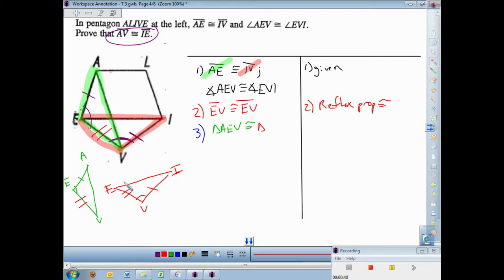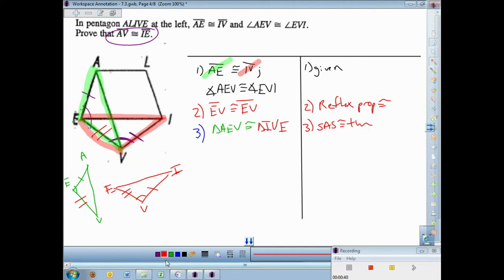Where one tick mark and no tick marks combine is at I. E had the arc mark in it in the green triangle. It should go with V, which had the arc mark in it in the red triangle. And V goes with where two tick marks and no tick marks combine, at E. And the reason those triangles were congruent was by the side angle side congruence theorem.